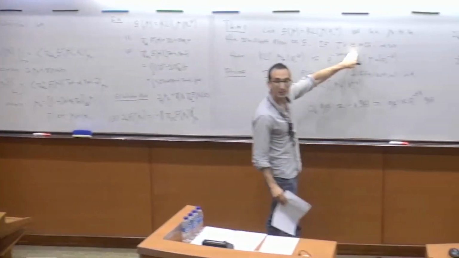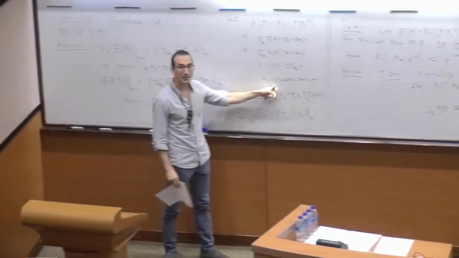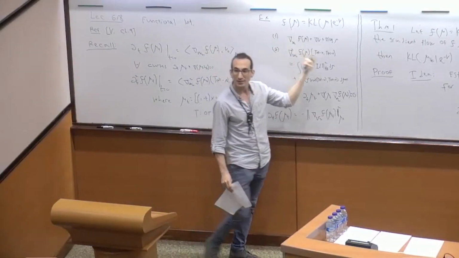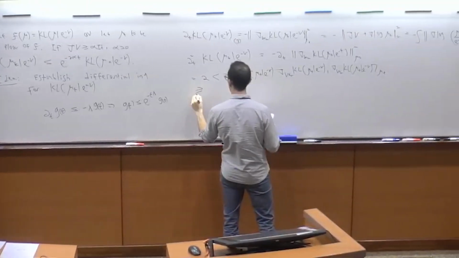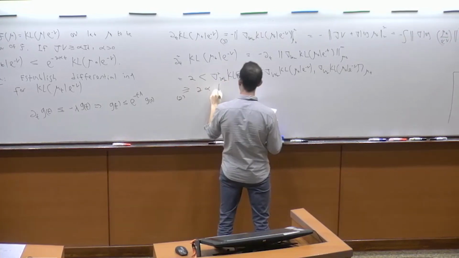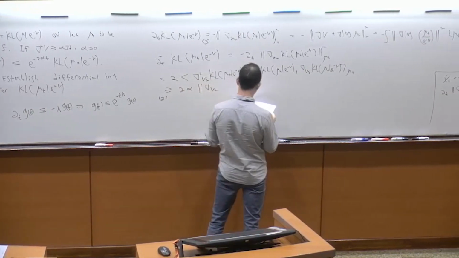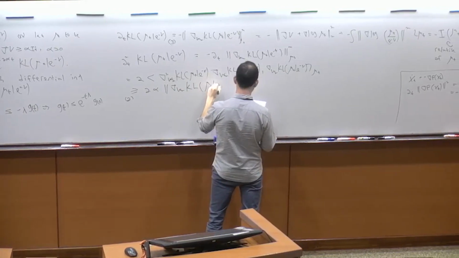But we made this convexity assumption here, so we can apply it, and we see that the Hessian of V is alpha-convex. So we can lower bound it, by equation 2, by 2 alpha times the gradient of the KL divergence.